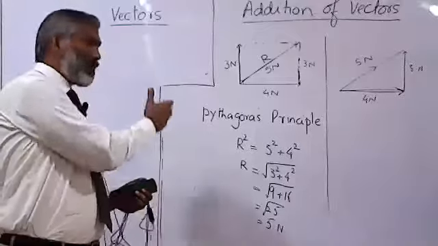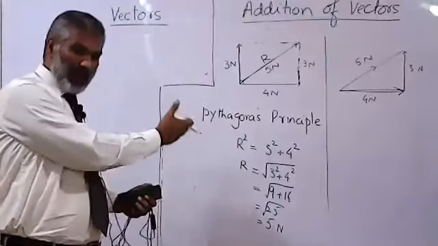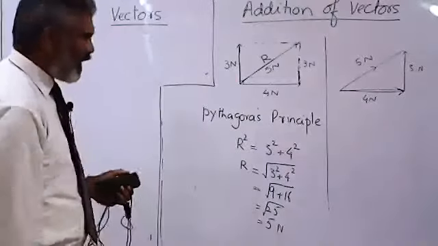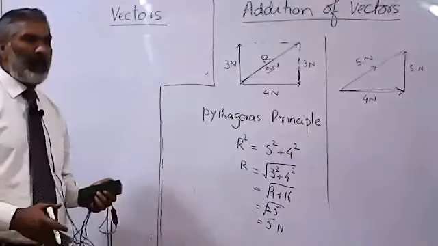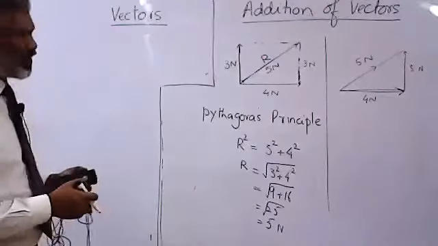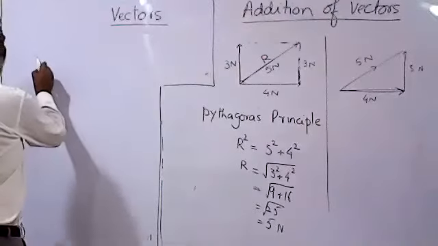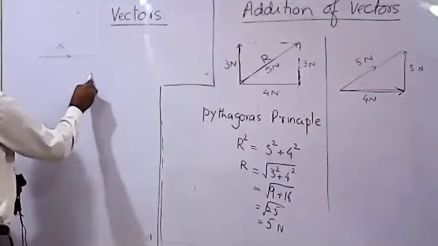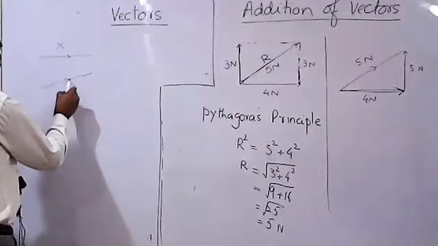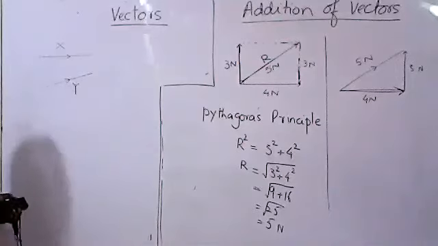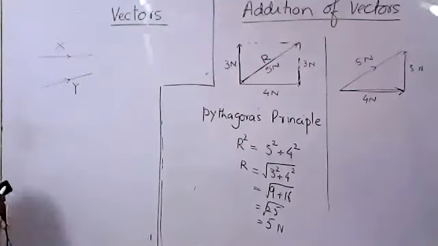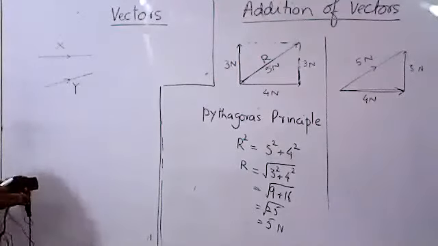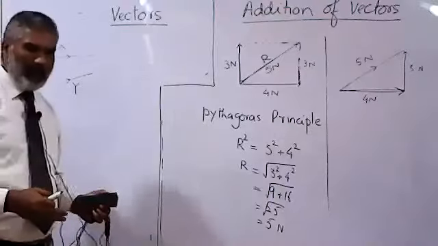They are not at right angle to each other. This is the second situation we discussed. They are at any angle to each other, like if this is a vector x and this is another vector y. Now they are not exactly parallel and they are not exactly perpendicular.